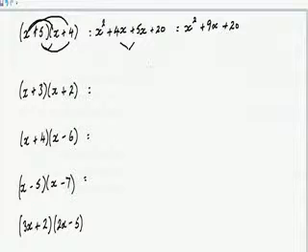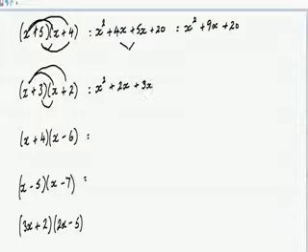Okay, so if we do the next one, x times x is x squared, x times 2 is plus 2x, 3 times x is plus 3x, 3 times 2 is plus 6. So we can simplify.